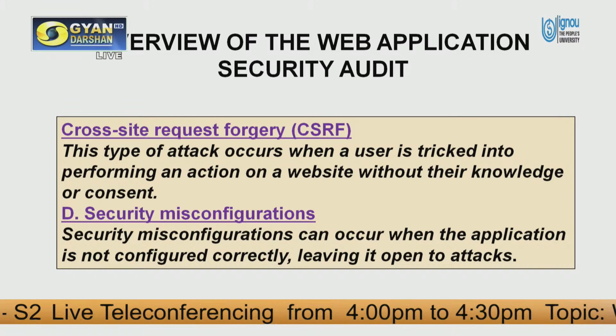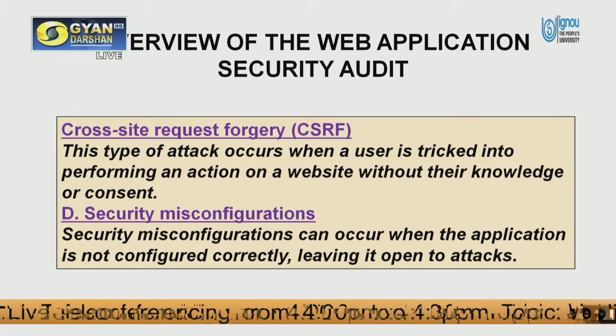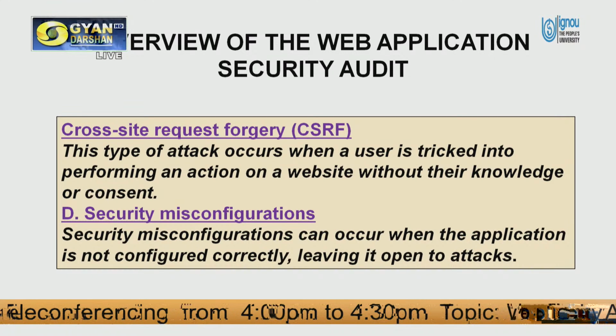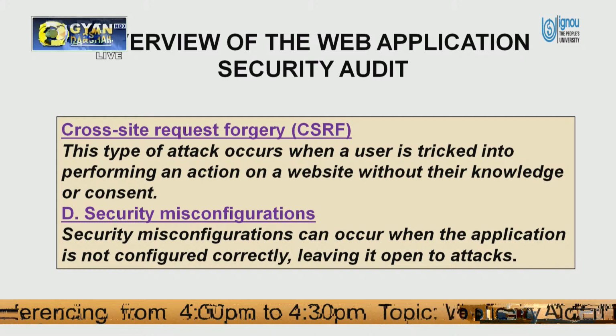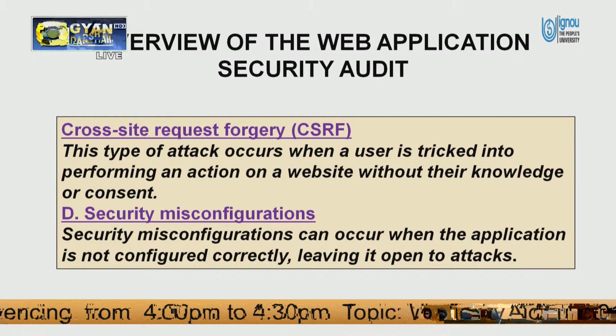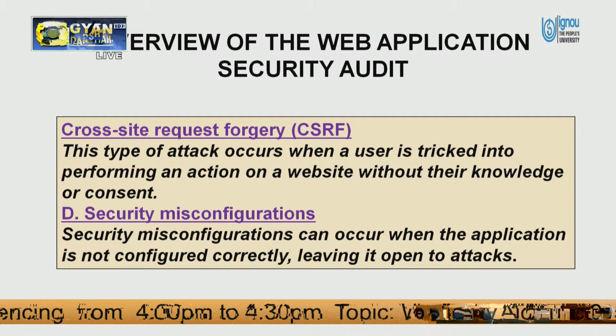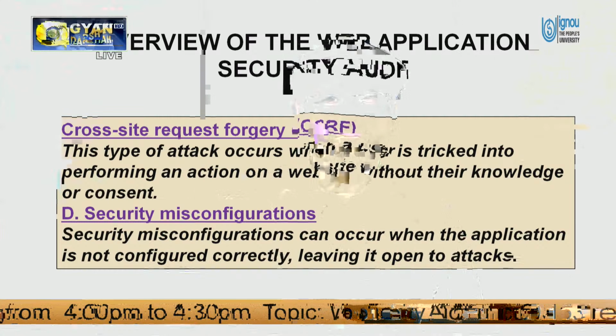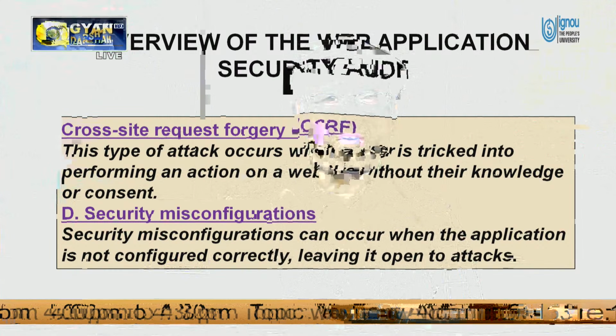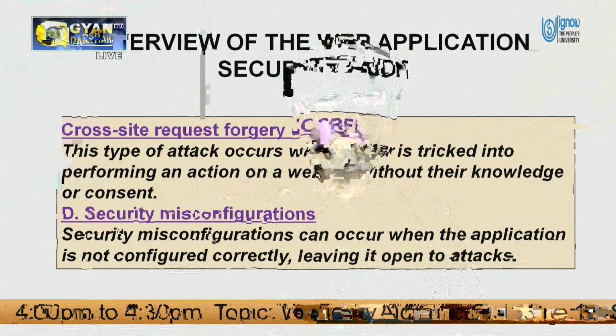The last part of this particular unit is explaining security misconfiguration. What is security misconfiguration? The unit explains it with an example. It occurs when the application is not configured correctly, leaving it open to attacks. Sometimes we download software for our web page or mobile, and we never close and open the window.